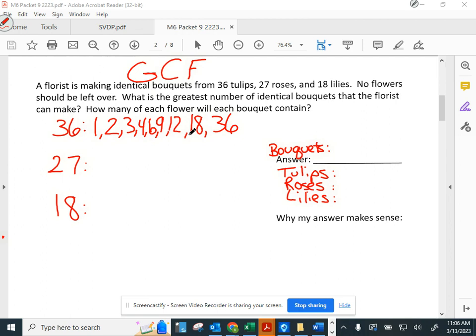Then I'm going to list out all of my factors of 27. 1 and 27, 3 and 9. Those are all my factors of 27. That's it. Then I need to do the same for 18. List out all the factors of 18. How do I find my greatest common factor?